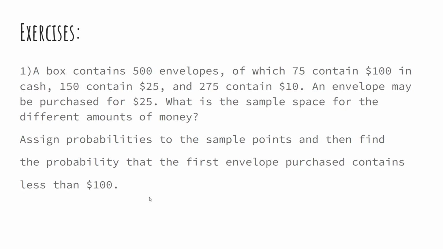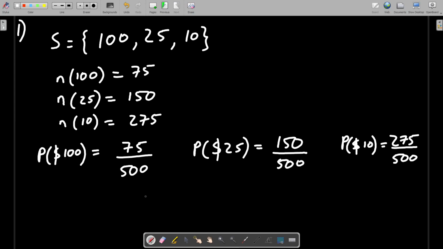What is the probability that the first envelope purchased contains less than $100? So what we are asking for is the probability of less than $100. Okay, but what are the numbers less than $100 over here?